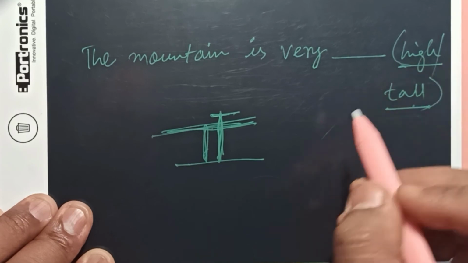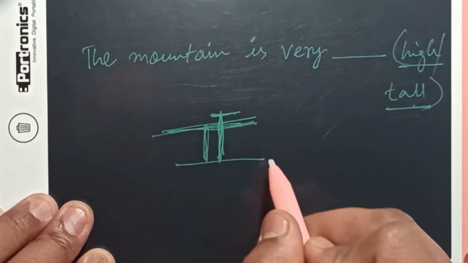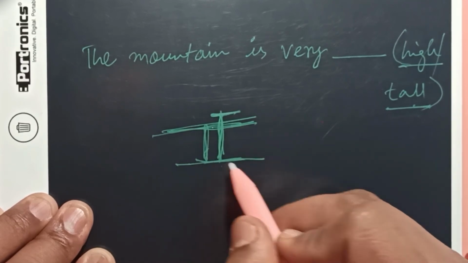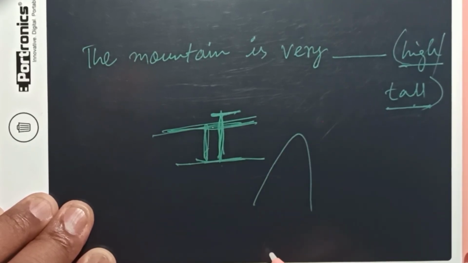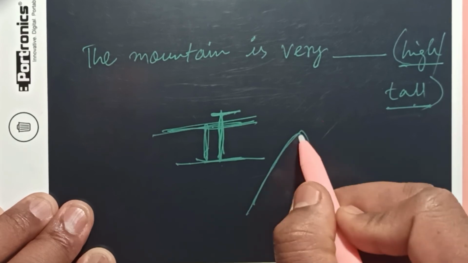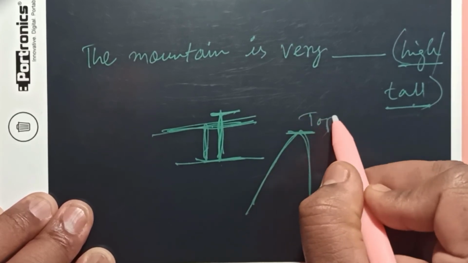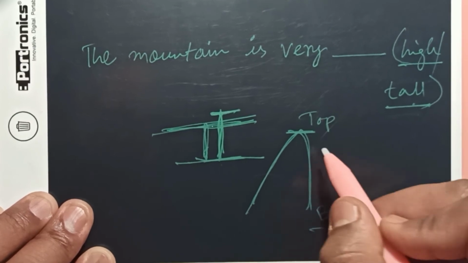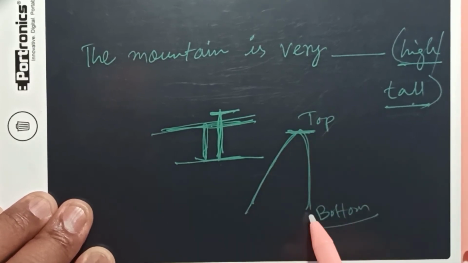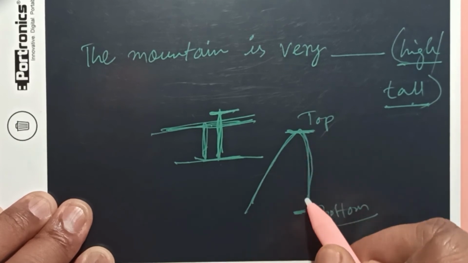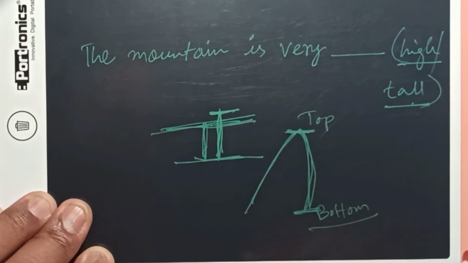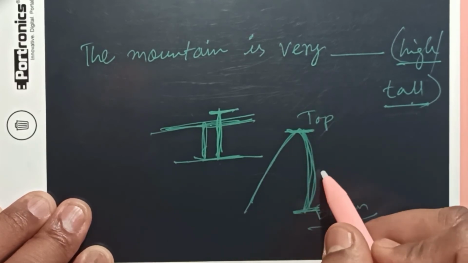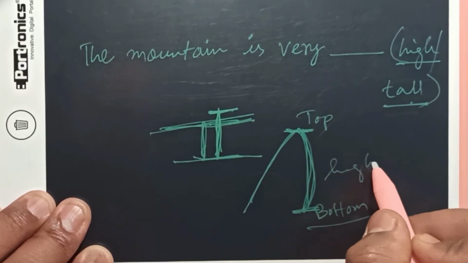Now high means the difference between bottom and top is huge. Suppose this is a mountain. Now this is our top and this is our bottom. So if the distance between top and bottom is huge, then it is called high.